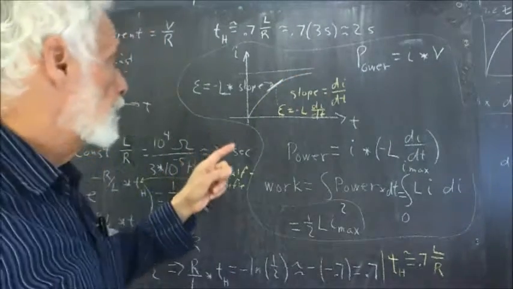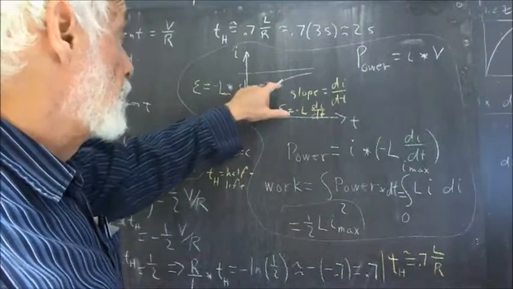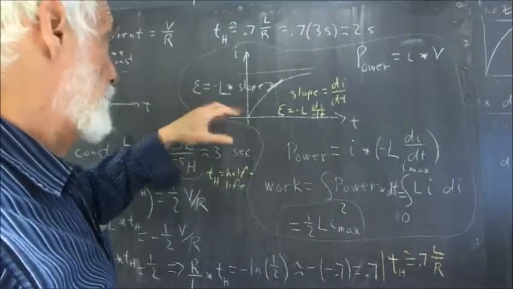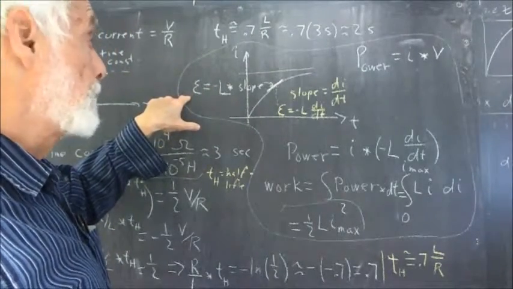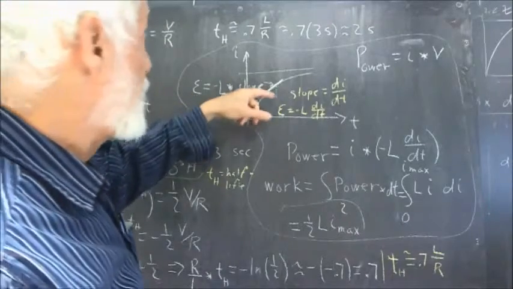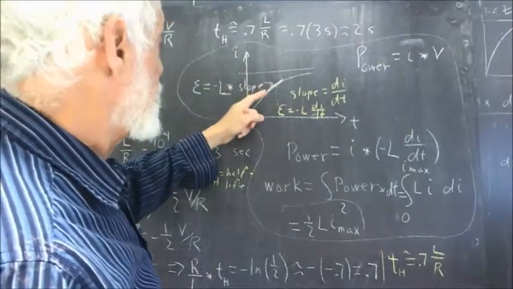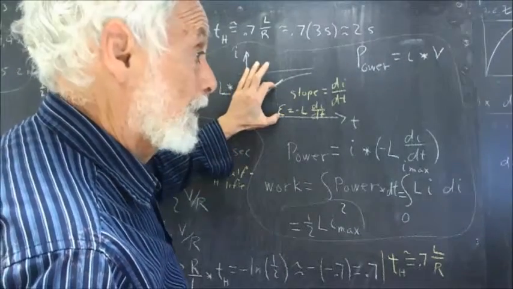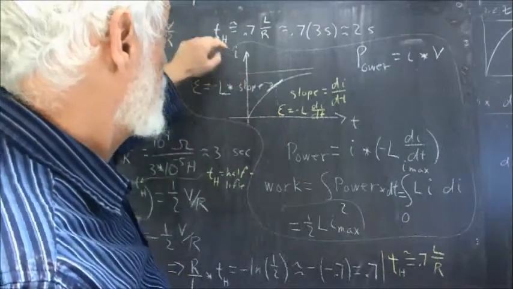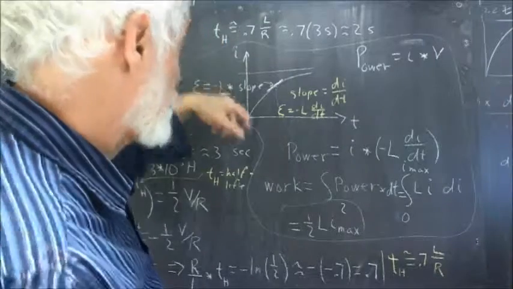At each point, we're going to have to multiply the slope by the negative L to get the EMF or the voltage, and then we got to multiply that by the current. So we're taking negative L times the slope times this quantity on the vertical axis.